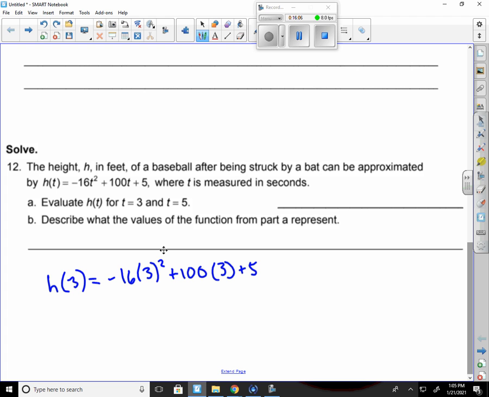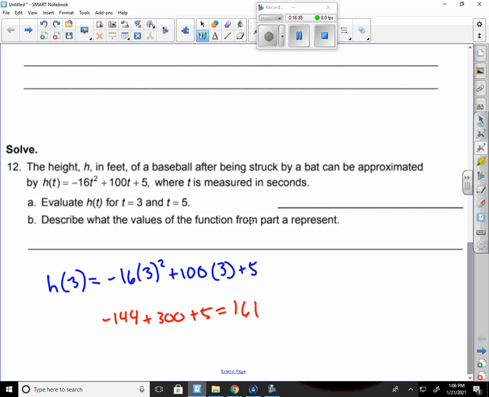That's negative 144. Plus 300 plus 5. 305 minus 144 gives me 161. So the height of the ball at 3 seconds is 161. That's what all you would have to say here.